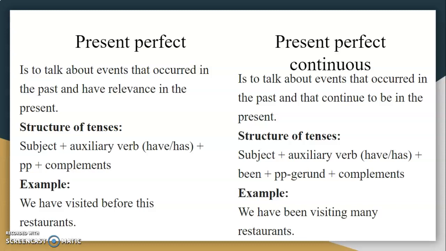Look at the structure. The differences are the auxiliary being and the past participle with ing. The examples are, we have visited this restaurant before, and we have been visiting many restaurants.